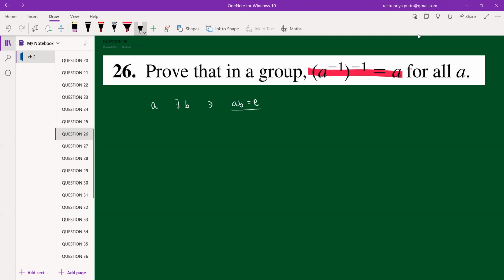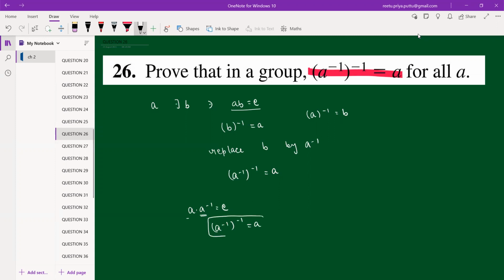So if this happens, we say that B inverse is equal to A, or we can even say that A inverse is equal to B. Now if we replace B by A inverse, what we get is (A inverse) whole inverse is equal to A. How did we do this? Because we know that A times A inverse is equal to identity. Now this inverse is this, so we can write it as (A inverse) whole inverse is equal to A. I hope this is clear.